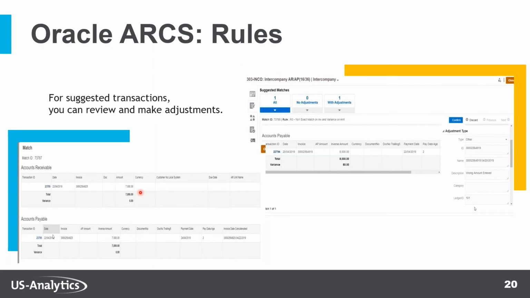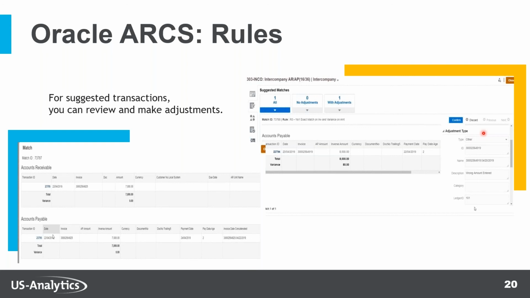For your suggested transactions, you can again click on that ID and start reviewing everything. In this situation, I have an item over here. This is a match that works, right? Over here, I have one that has a variance of $80. For this one that has a variance, I have told my profile that I want to allow within that screen to do an adjustment type.